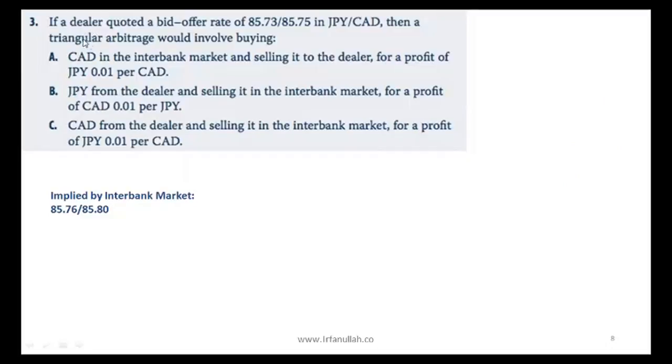The next point is, and now this gets into some arbitrage related material. If a dealer quoted a bid offer rate of 85.73 / 85.75 in the Japanese yen Canadian dollar market, so base currency is Canadian dollar, then how can you have some triangular arbitrage?